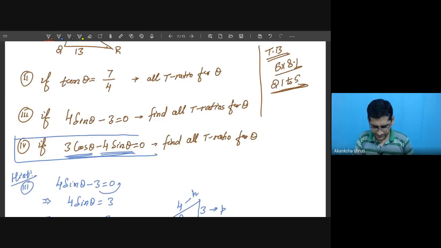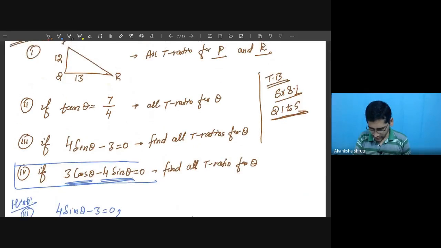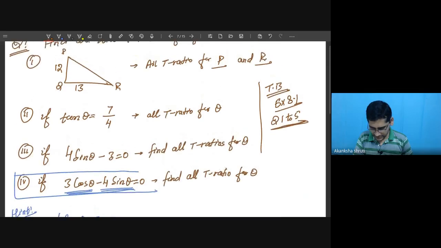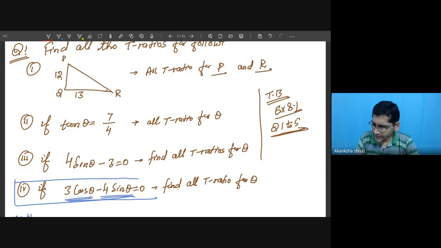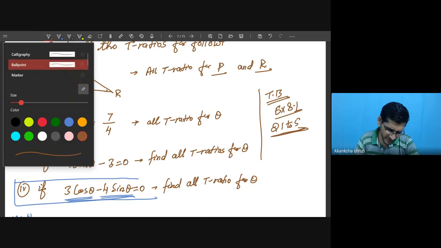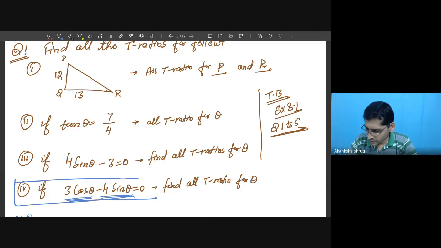So student, what is the homework? I hope all of you have already done these questions. Last day I had given the homework question number 1 to 5, but today you have to do the question number 6 to end.